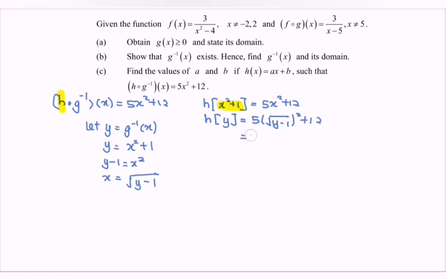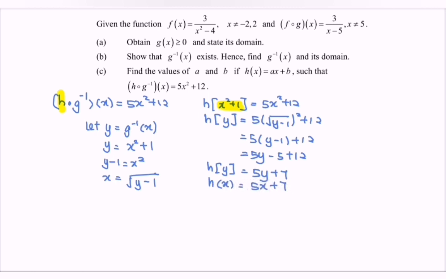If we simplify, we have 5 times y minus 1 plus 12. So 5y minus 5 plus 12. Then we have 5y plus 7, which is h(y). So h(x) equals 5x plus 7.